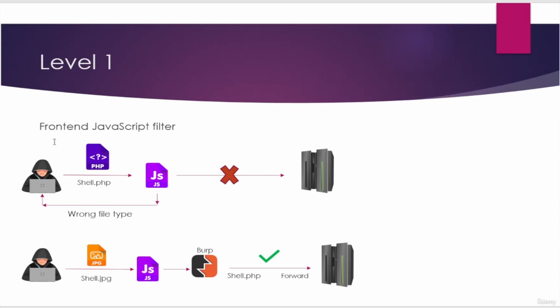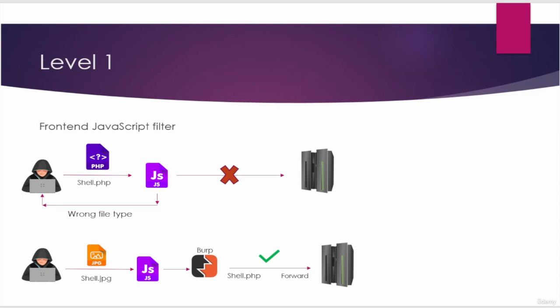The first level is to bypass the front-end JavaScript filter. There is a JavaScript file that is blocking our PHP file from being uploaded. You can see how we are uploading a PHP shell, and it's saying wrong file type.